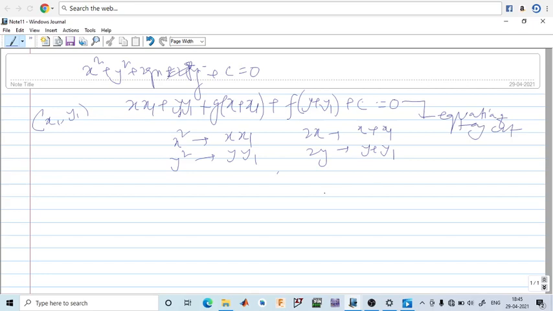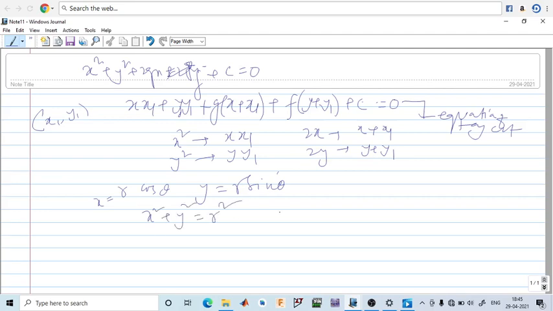If you need to write in parametric form, we know that if the circle passes through origin, then x is equals to r cos theta and y is equals to r sin theta. Let us consider the circle passes through origin.